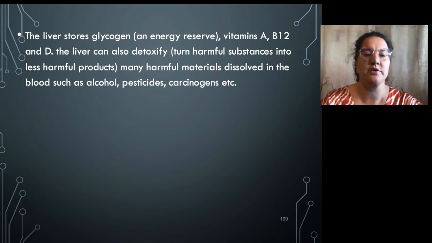The liver also stores glycogen, which is an energy reserve, and vitamins A, B12, and D. The liver can also detoxify harmful substances by turning them into less harmful products. Many harmful materials dissolved in the blood, such as alcohol, pesticides, and carcinogens, are detoxified by the liver.